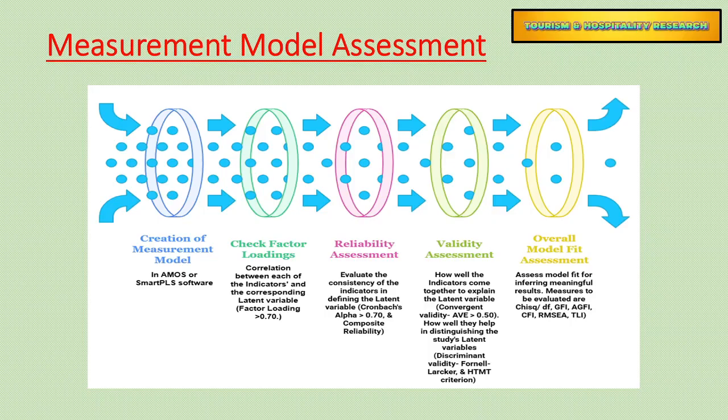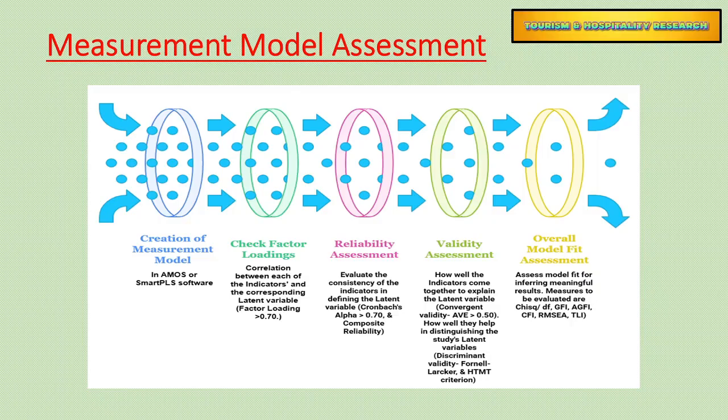That is, how well the indicators come together to explain the latent variable. That is known as convergent validity. We measure it through average variance extracted, which is the AVE value, and it has to be greater than 0.50.